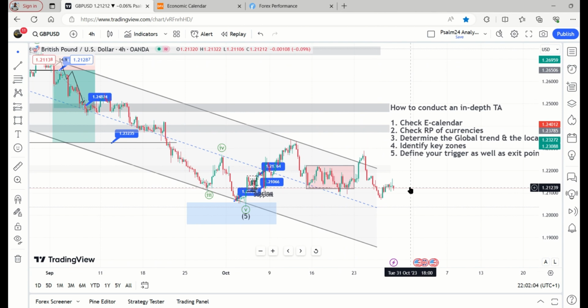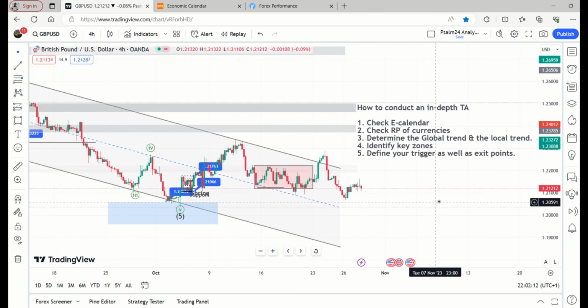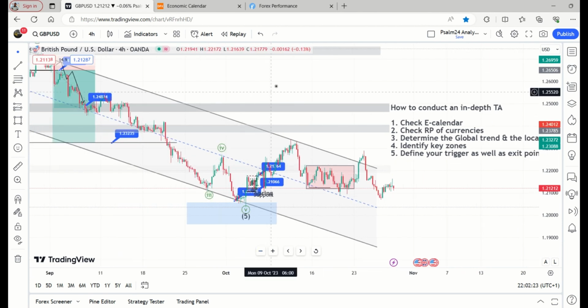So once that has been identified, what are the things that actually determine the global trend? They are geopolitical factors. So you may need to understand the geopolitical factors of the currency that you are trading, and then also the economic condition. For instance, USD JPY, the Japanese yen, they maintained a particular stance.